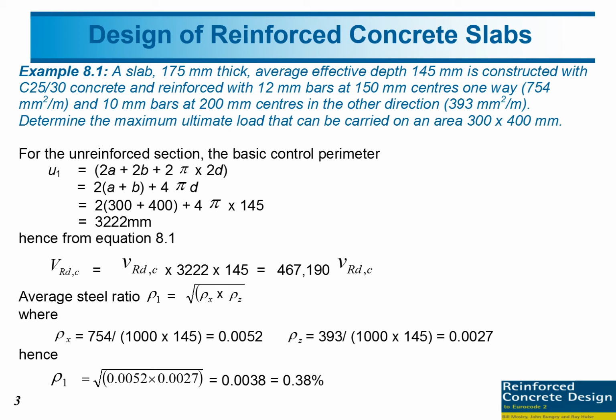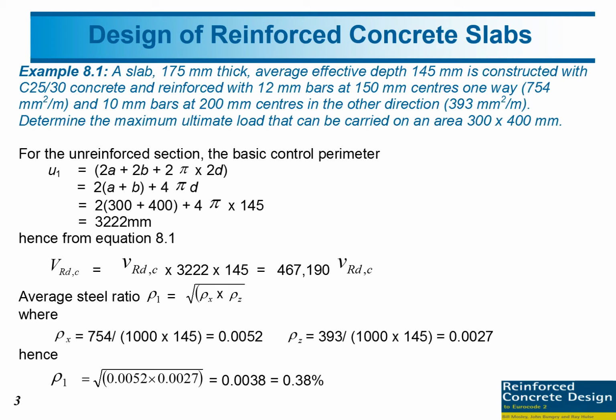In order to get VRdc, we need to have the steel ratio. Because we have two-way reinforcement, we have ratio X and ratio Z. For rho X, the reinforcement bar area is 754 divided by BD, with B of 1000 and D of 145.